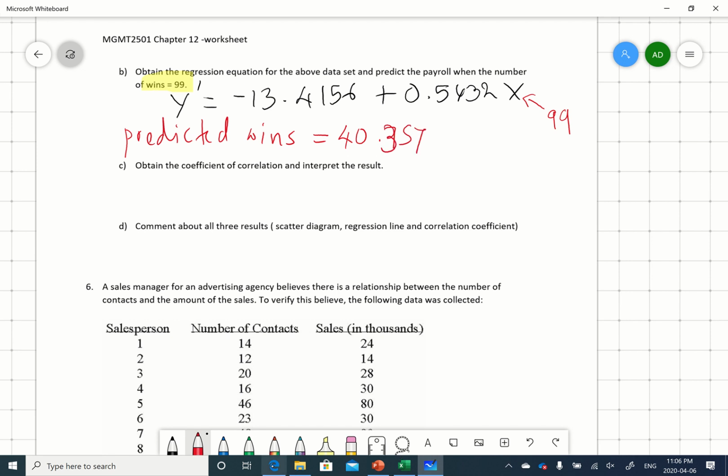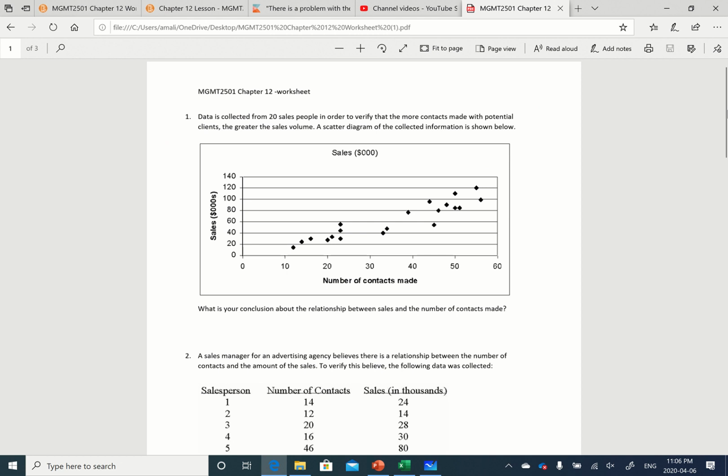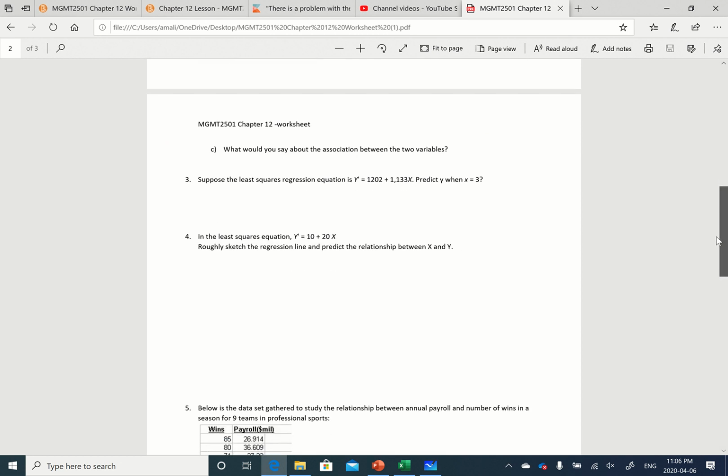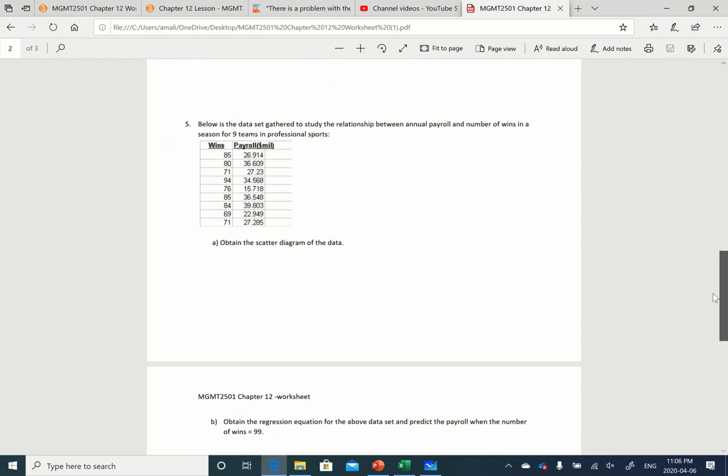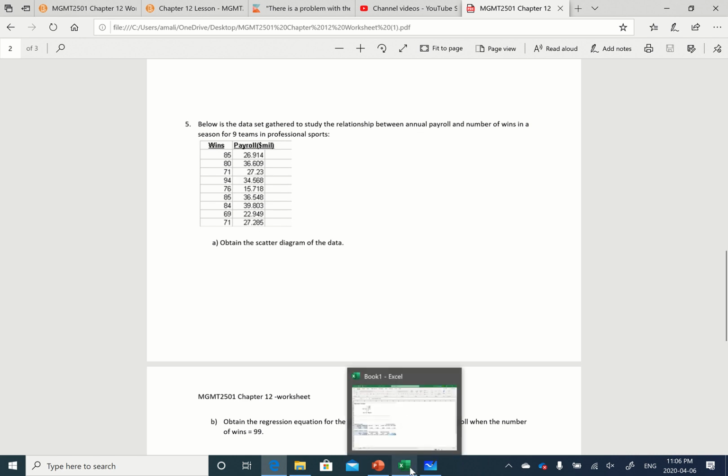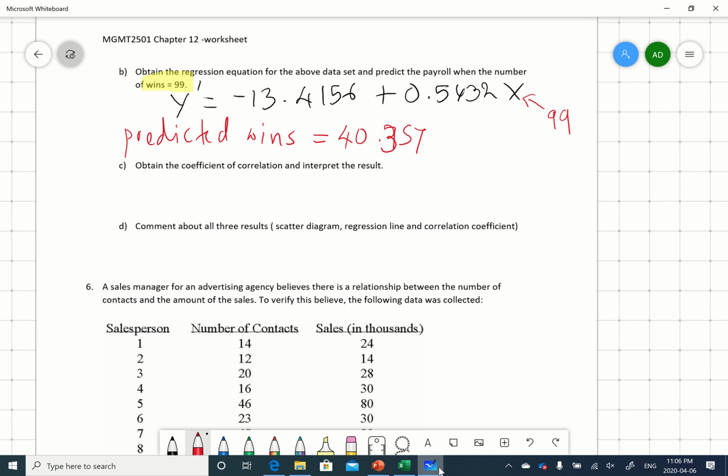So these are all in millions. Keep that in mind: your y variable is in millions, so you may have to put that over here.